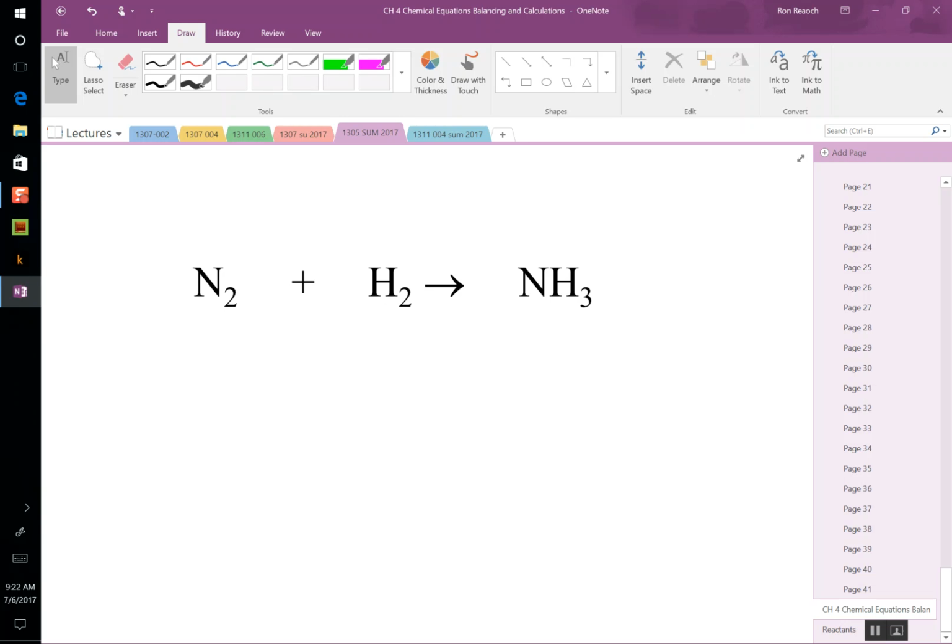Three hydrogens and 2 NH3. Okay, so you started with the hydrogen. You saw that you had 2 on the one side and 3 on the other side, so you picked a common multiplier of 6. So what else? Oh, and it's balanced right there. 2 NH3s gives you 2 nitrogens. Balanced. Very good.